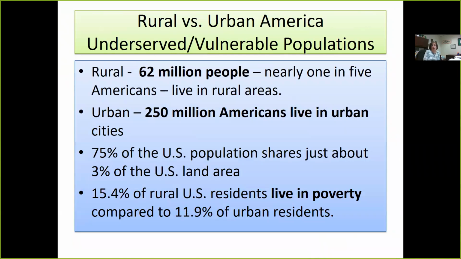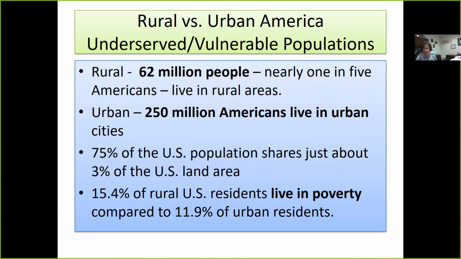When I said the vulnerable populations, they consider rural youth and urban youth as vulnerable populations. Rural has about 63 million people, about 1 in 5 Americans, and in urban cities there are about 250 million Americans.